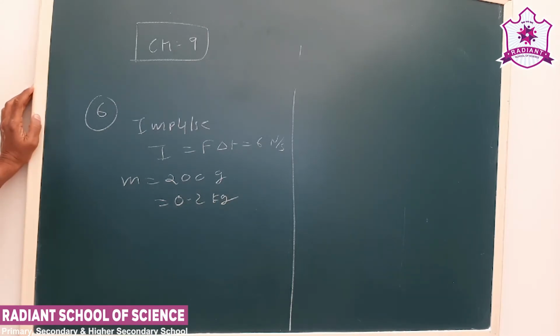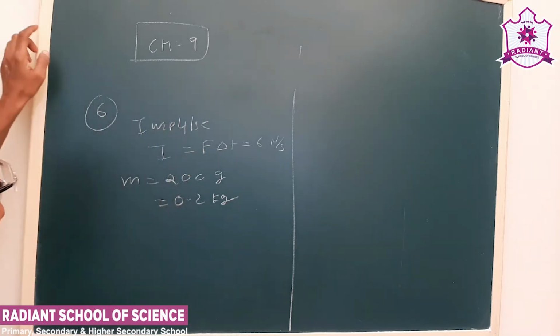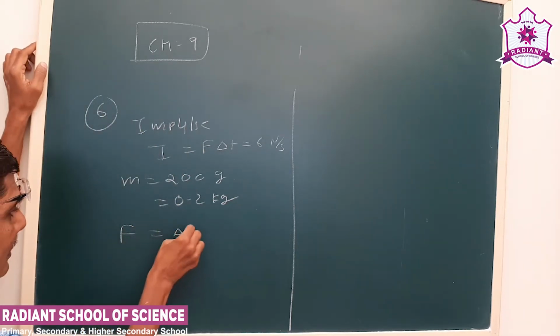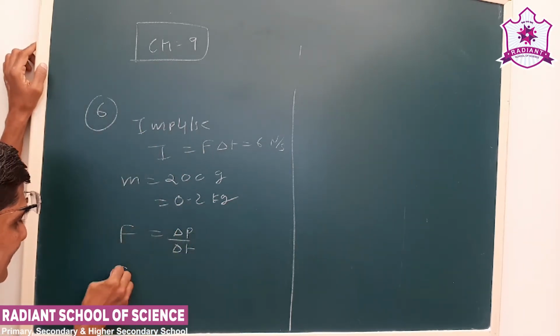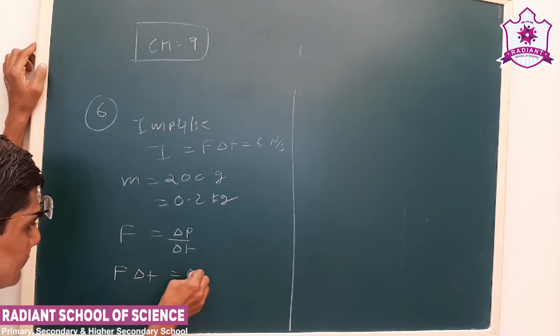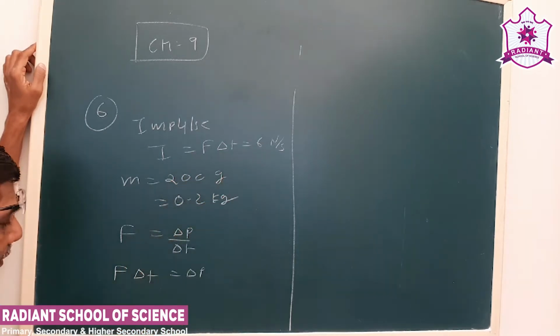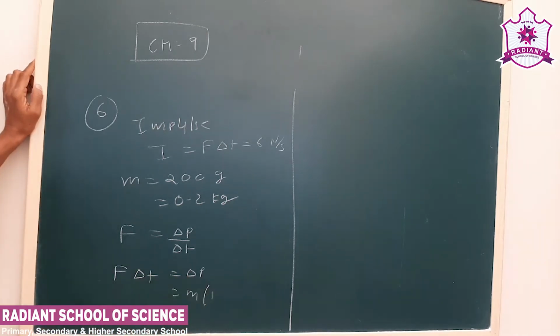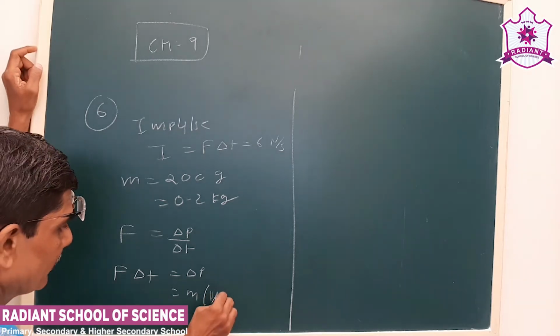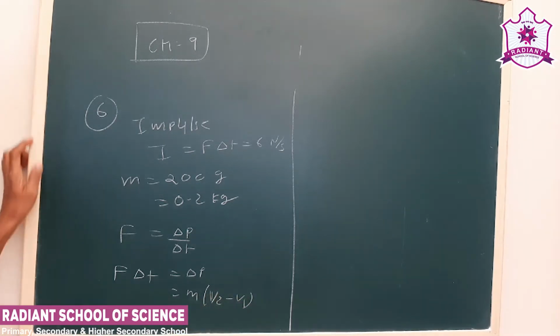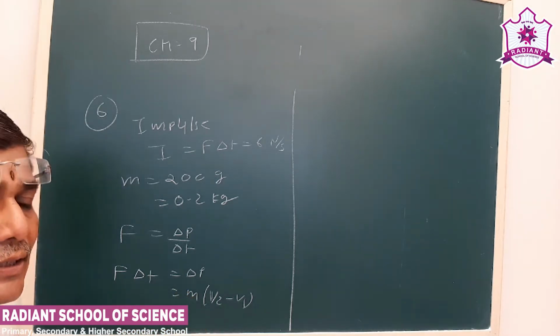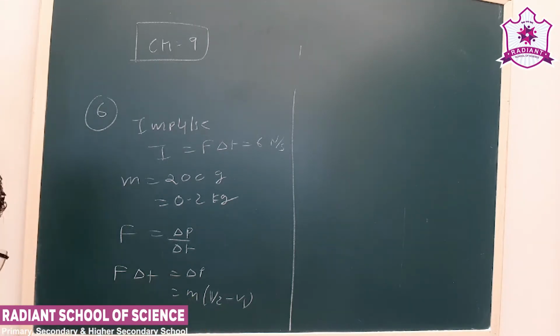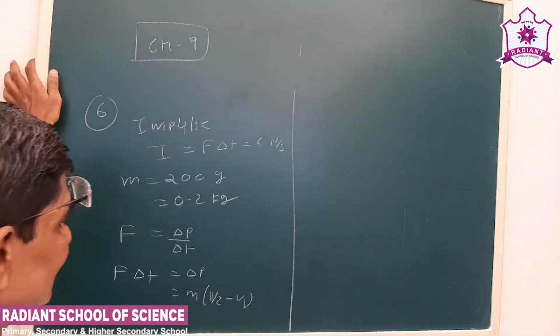Now see, F is equal to delta P by delta T, so F into delta T. Now F into delta T is impulse also. That is m into v2 minus v1. Momentum is the product of mass and change in velocity. Here we have written in terms of dp.